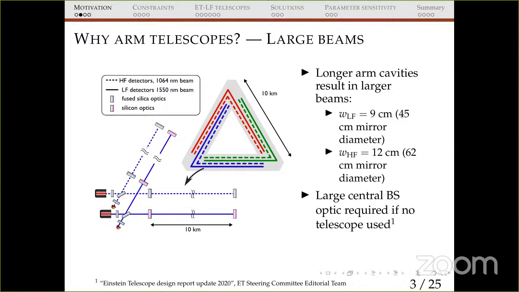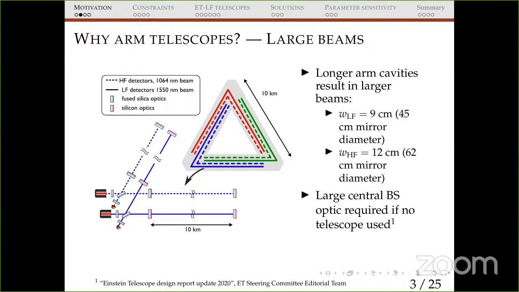But I should note that this is a feature rather than a bug, as we want larger beams anyway to reduce coating thermal noise, especially for ETHF, where this will be a dominant noise source in around the 30 to 200 hertz frequency band.